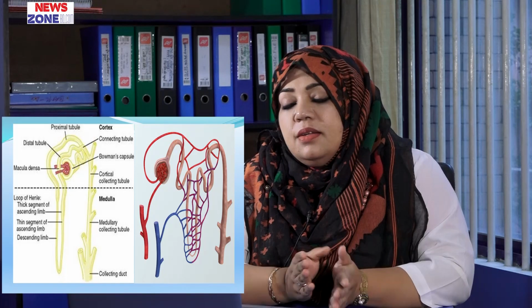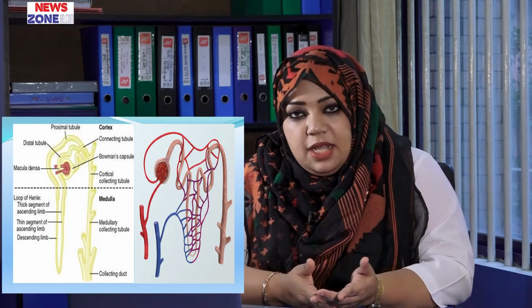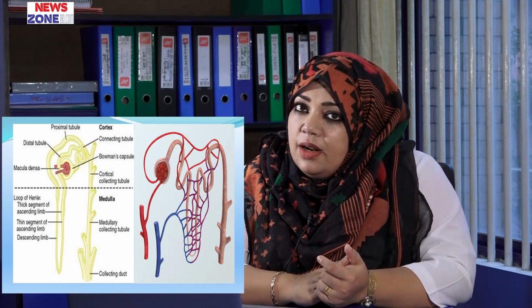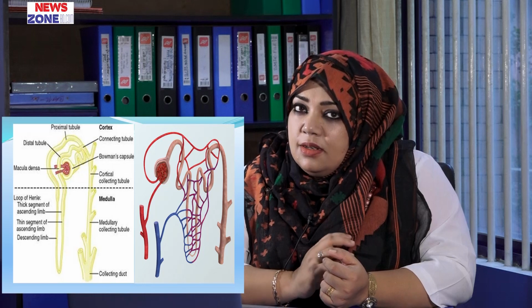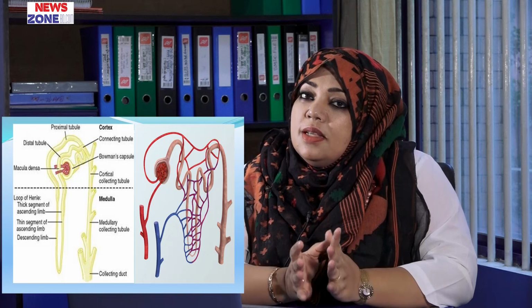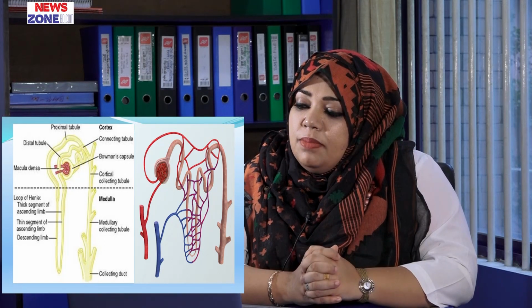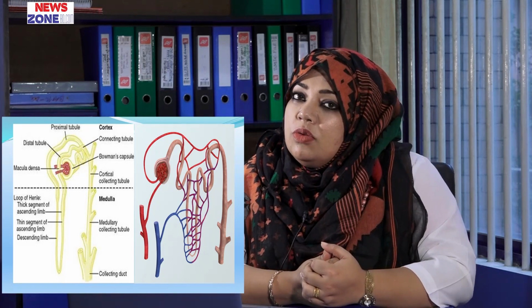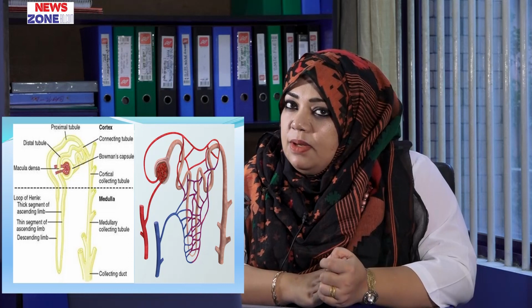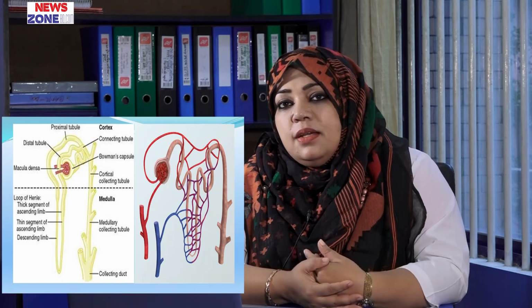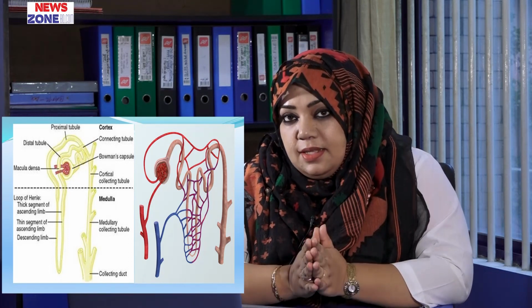When the renal artery divides into further branches like the interlobar artery, the arcuate artery, the interlobular artery, and the afferent arteriole, the afferent arteriole goes and forms the glomerulus, which is a tuft of capillaries, and then becomes the efferent arteriole. The efferent arteriole further goes on to form the peritubular capillaries. The other end of the peritubular capillary forms the venous system, so ultimately the renal vein is formed.